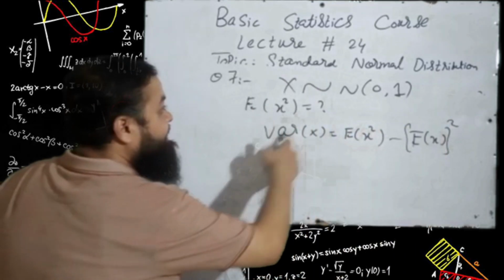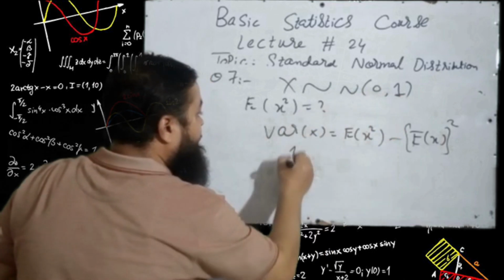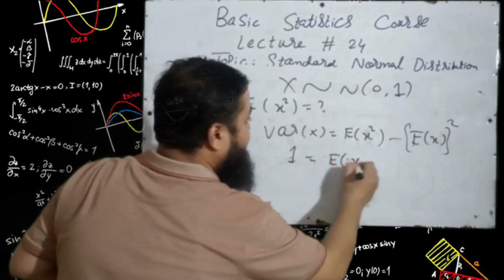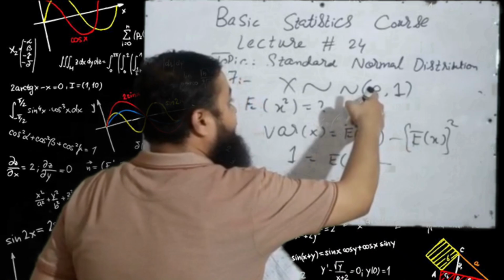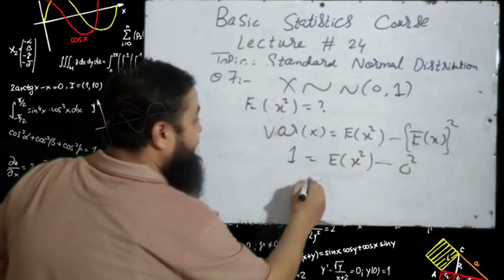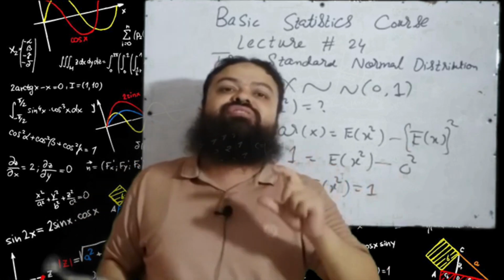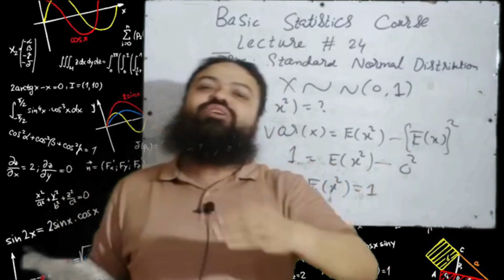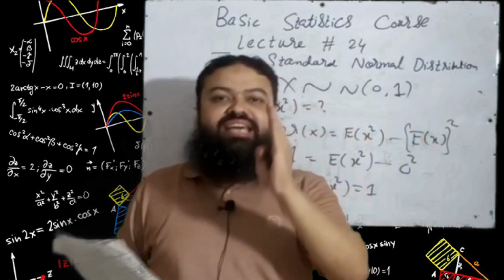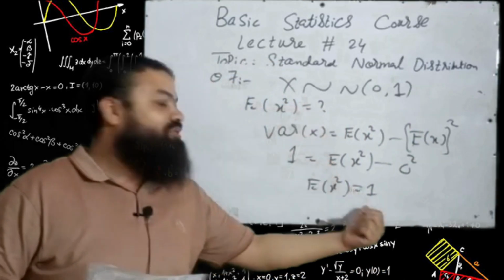Just substitute, variance is given, 1 is equal to expectation of x square, that is not given, minus mean is 0 square is 0, and expectation of x square is also equal to 1. And that is our concept: in the standard normal distribution variance is 1 and expectation of x square is also equal to 1.